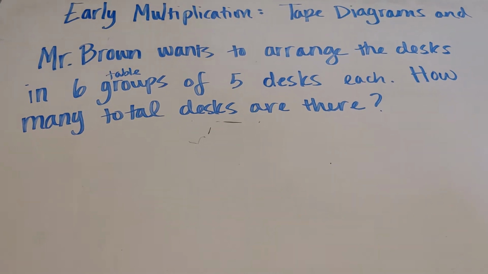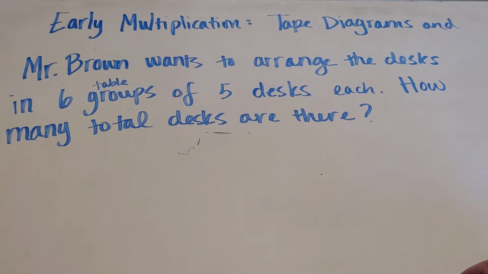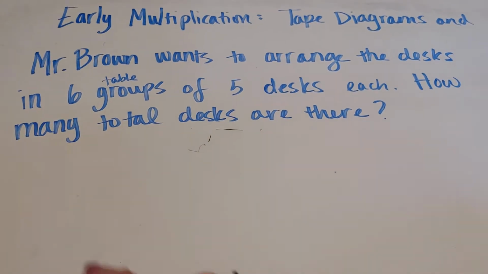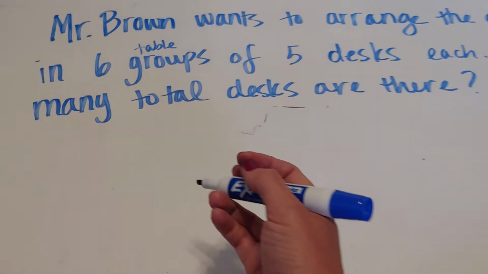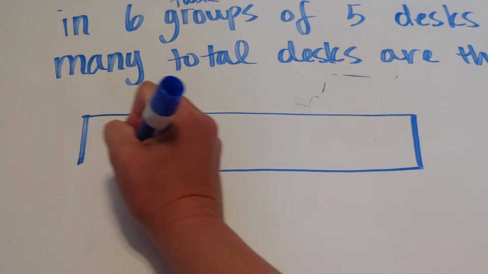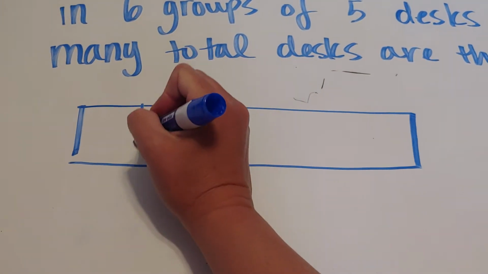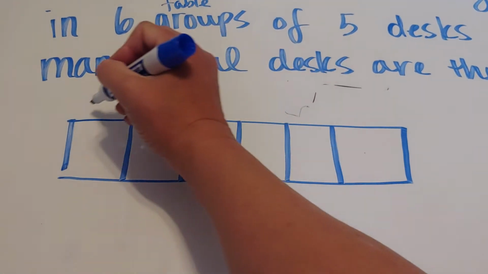Again, as adults, we see 6 times 5 and we get 30, and you'll have some smart kids also who say that as well. But let's direct them to drawing a tape diagram and an array. That way, again, we model both. So for the tape diagram, we're going to let each box represent a group. So there were 6 groups. So these are my 6 groups.